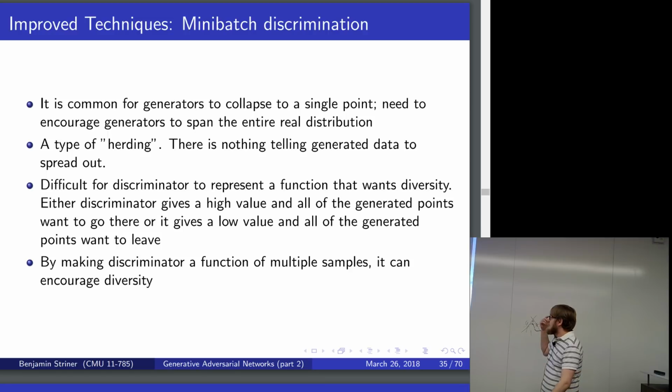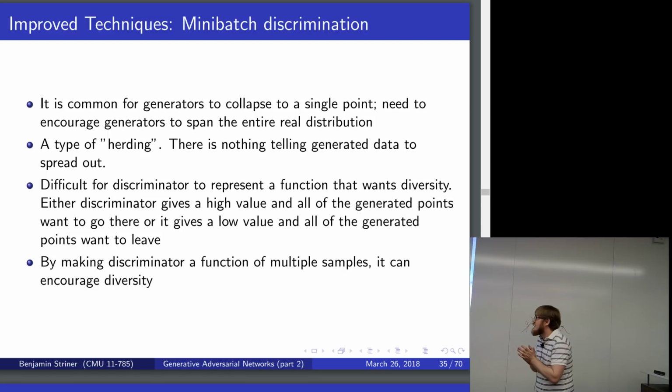But if you're looking at a set of samples, if you take 10 samples from the generated data set and they're all ones, and you take 10 samples from the other and they're not all ones, it's really obvious which one's the generated data and which one's the real data. So looking at more samples should intuitively make it easier to tell the difference between the real and the generated, especially when you're dealing with something like mode collapse.